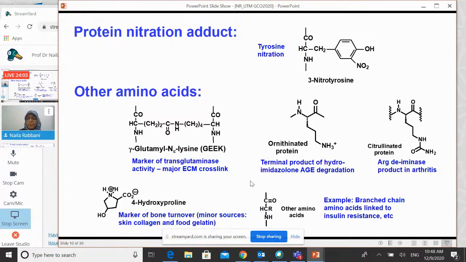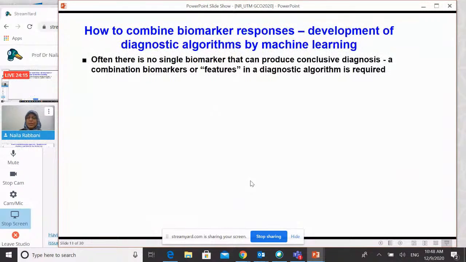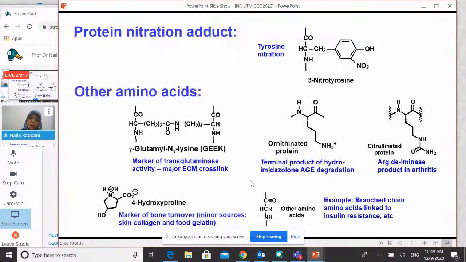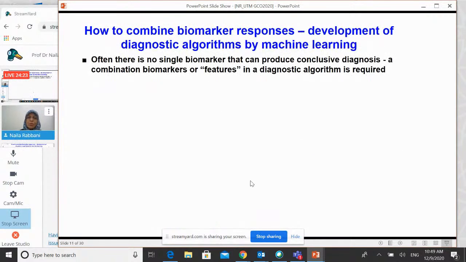So this is all the chemistry of these protein damage markers, which we then studied using LC-MS/MS in multiple conditions. Of course, with only these markers, or one single marker, we were not able to diagnose any condition. So the question was how to combine these biomarker responses.